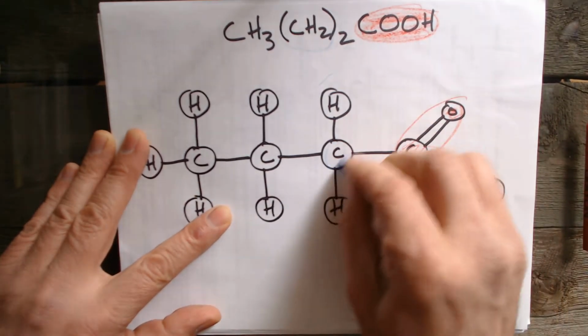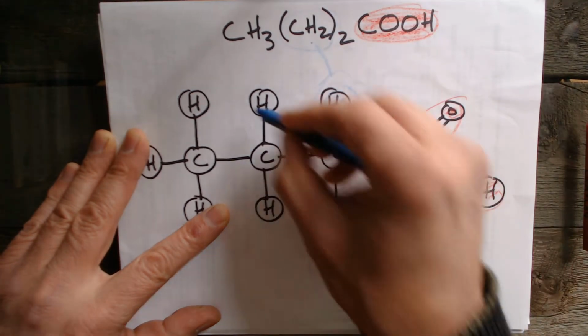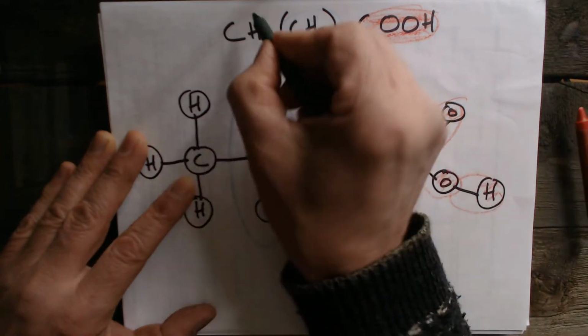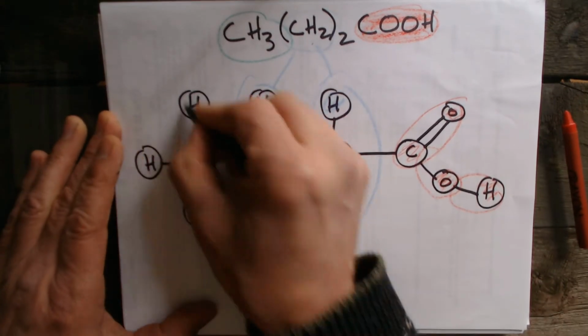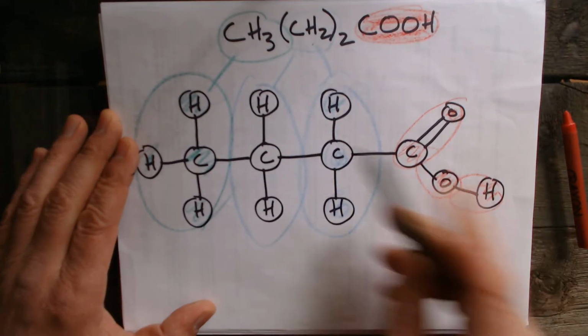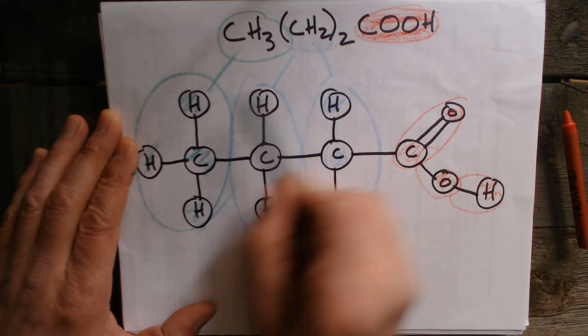Well, there's the one C and the two H's. So there's one of them, and there is the other one. And then finally, we have the CH3, and there's our one C, 1, 2, 3 H's, and that is telling you that. So this specific weird formula is telling you it's going to look like that.